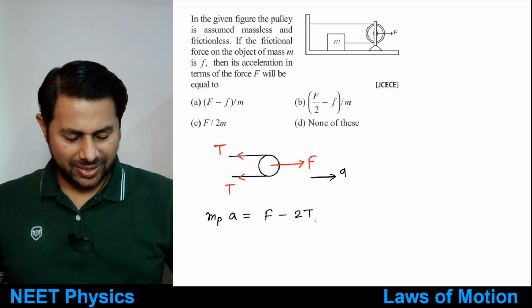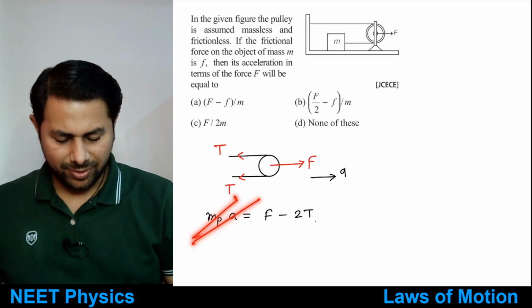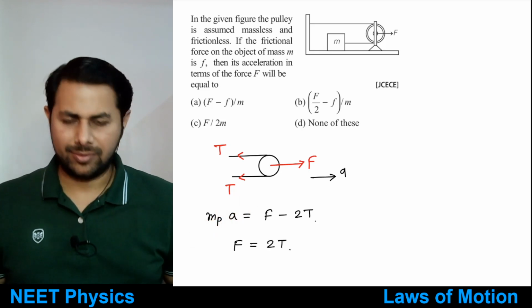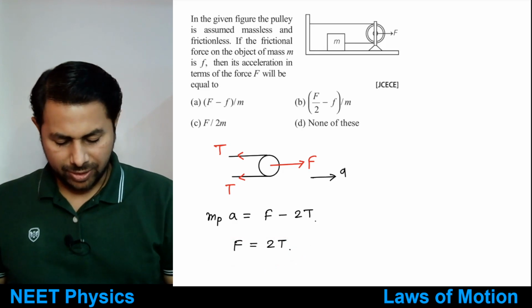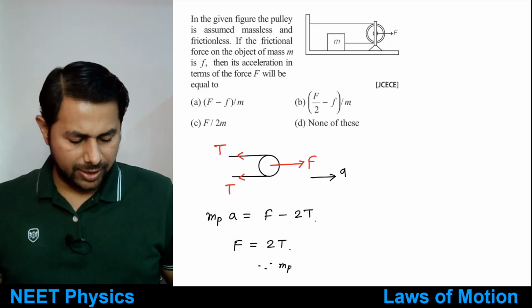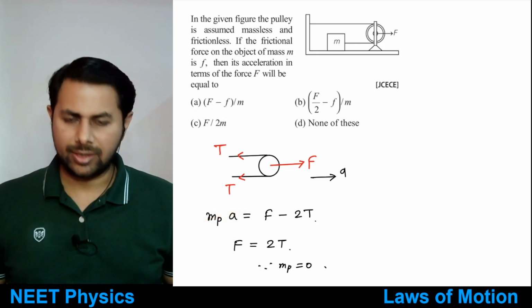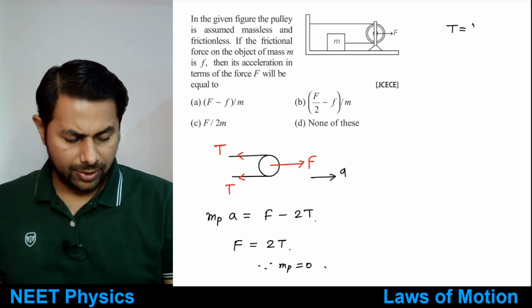If the mass of the pulley is 0, this term becomes 0, and therefore F is just equal to 2 times T, or T is equal to F by 2.